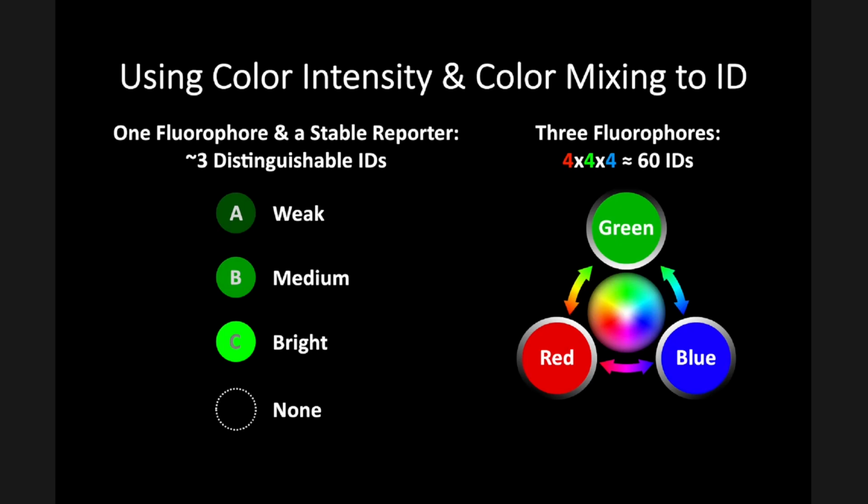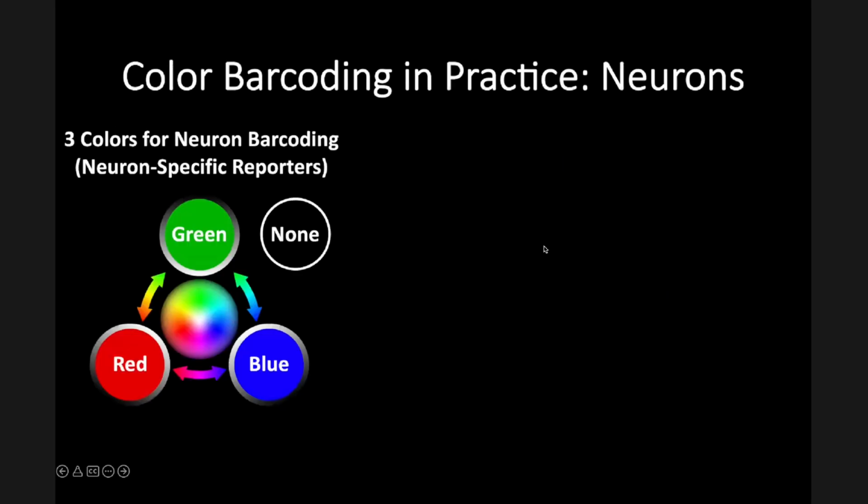Weak blue, medium blue, bright blue, no blue, times 4 levels of red. And so we have 4 times 4 times 4, which we can express in a neuron. It could be only green, or it can be weak green, bright blue, weak red, or however it may be, right? And through that, we get about 60 different, well, it's closer to 63 different IDs, barcodes that we can apply to ID different cell types.